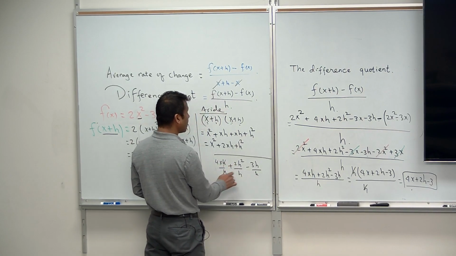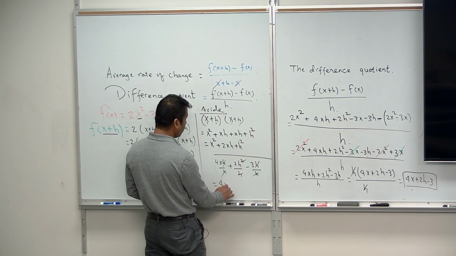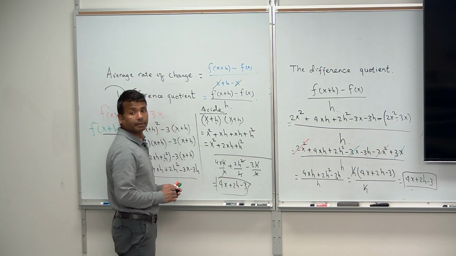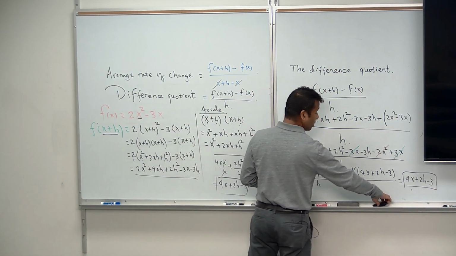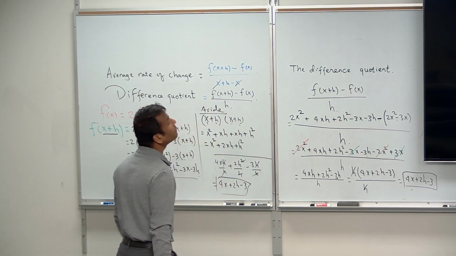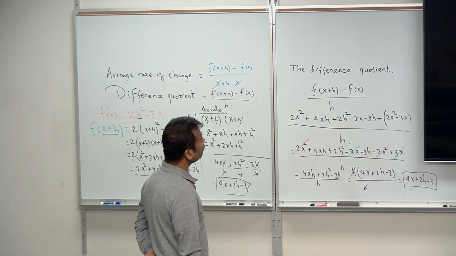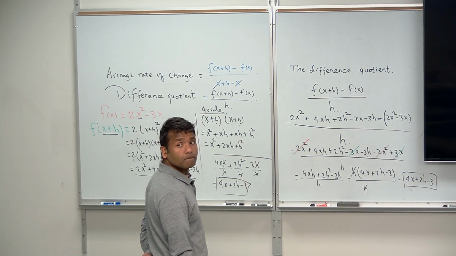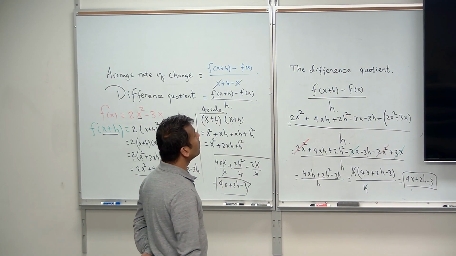So this h is cancelled, this h is cancelled, and this square and this cancel, right? So it will be 4x plus 2h minus 3. Either way will be fine. That makes sense? Okay, so now this is called the what? Difference quotient. Did you get it? Good.